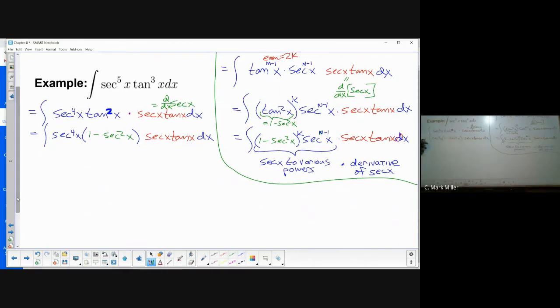Now notice, I've got secants to a bunch of powers here. This is all secants, to different powers, all times the derivative of secant. So this is going to be, multiply this out, integral, parentheses, secant to the 4th times 1 times secant tan.